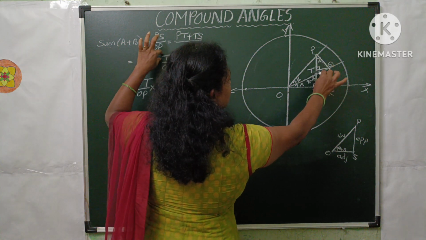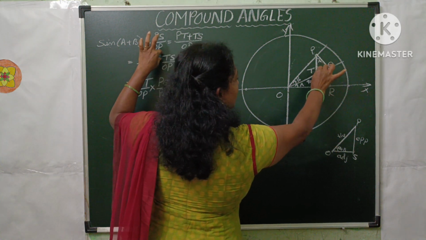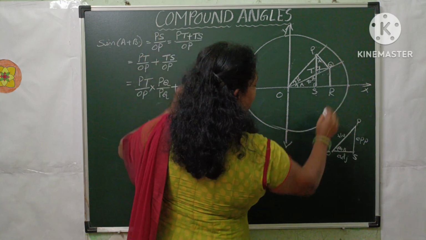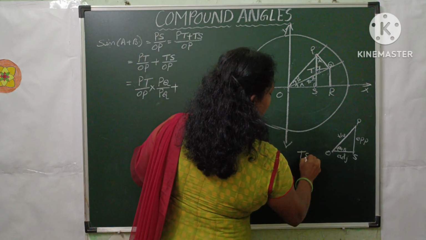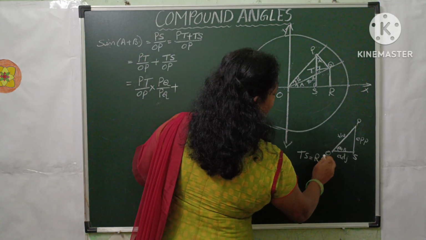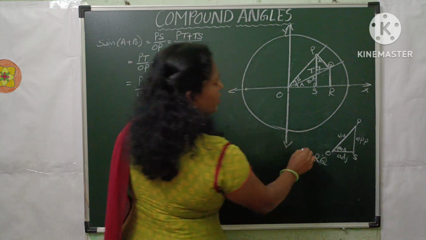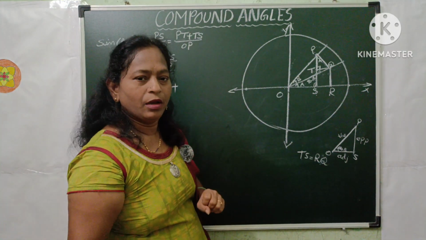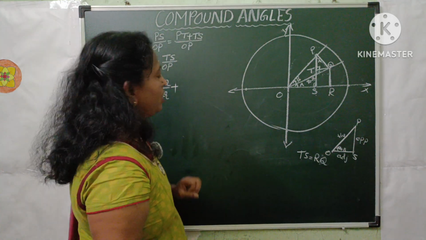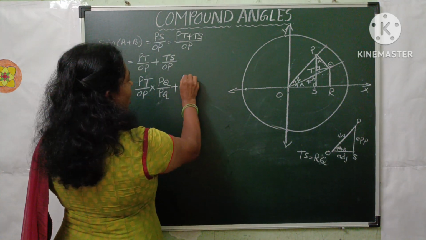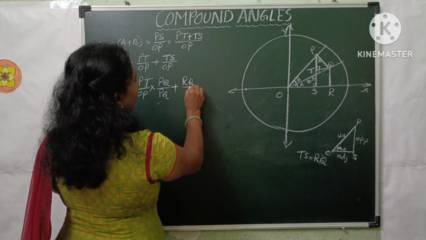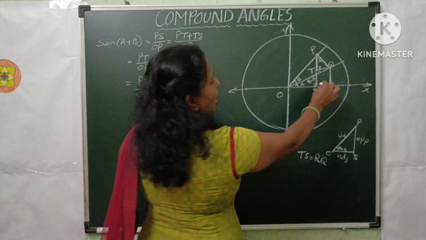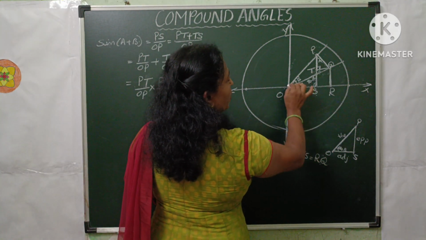Now TS. It forms a rectangle, so TS is equal to RQ, since opposite sides of a rectangle are equal in length. So we write RQ by OP.